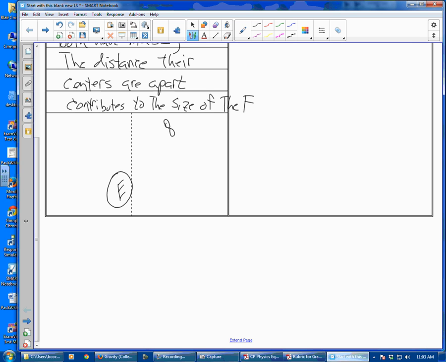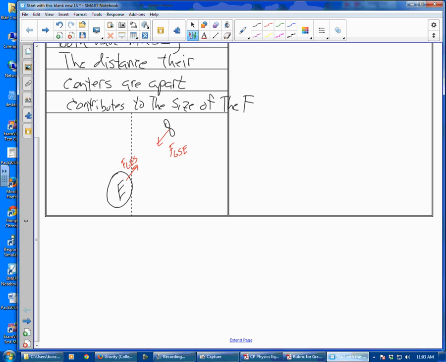And so there's going to be a gravitational force on the satellite due to the Earth, so FGSE, and a force of gravity on the Earth due to the satellite. They're both attractive. Which one's bigger? There isn't a bigger one. They're the same. Good. Nice job. So they're both the same.